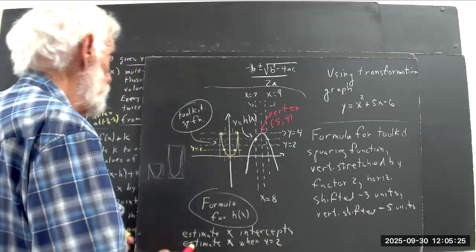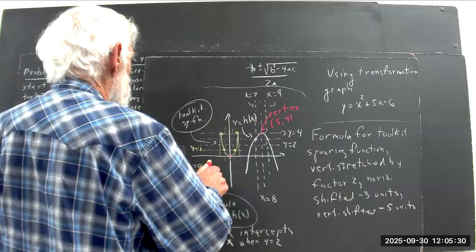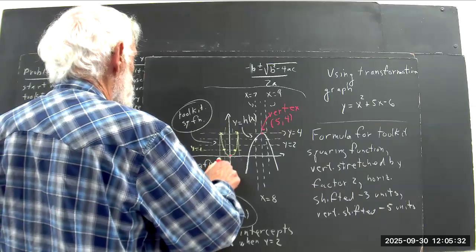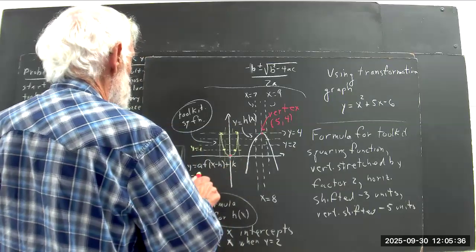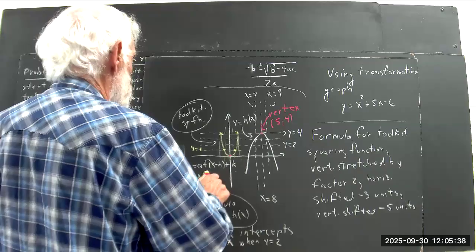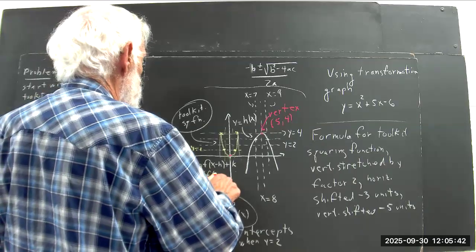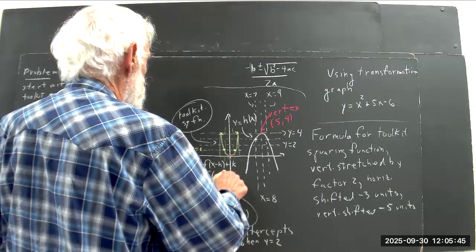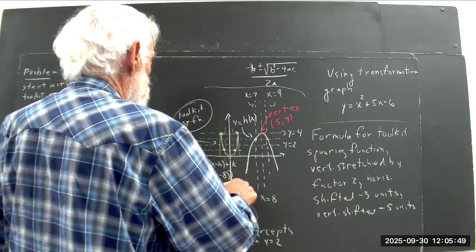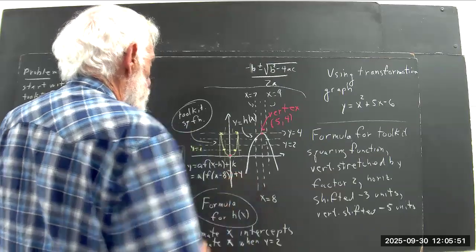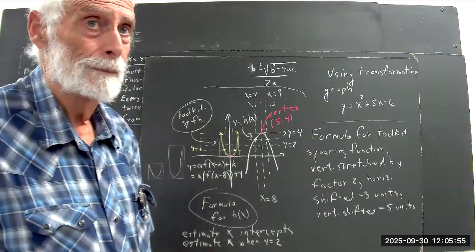So right away, we know this graph is a f of x minus 8 plus 4.